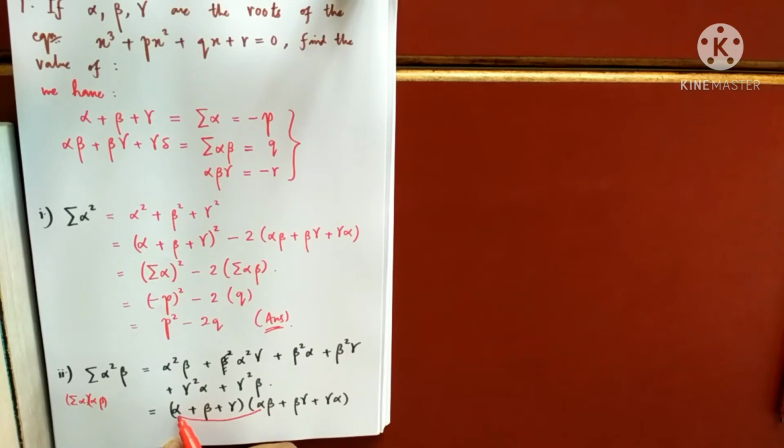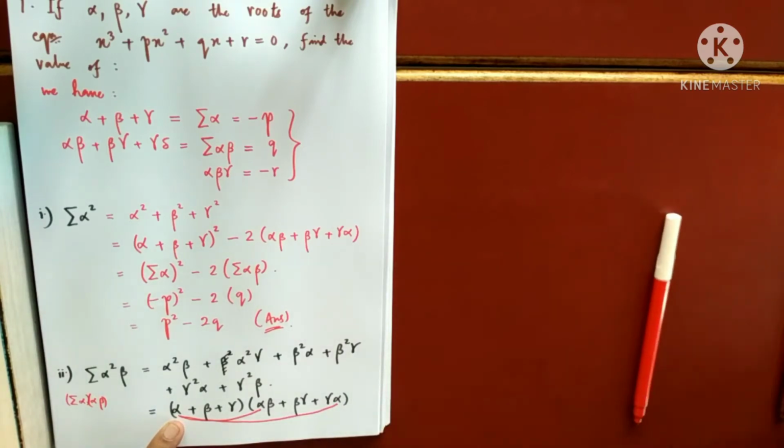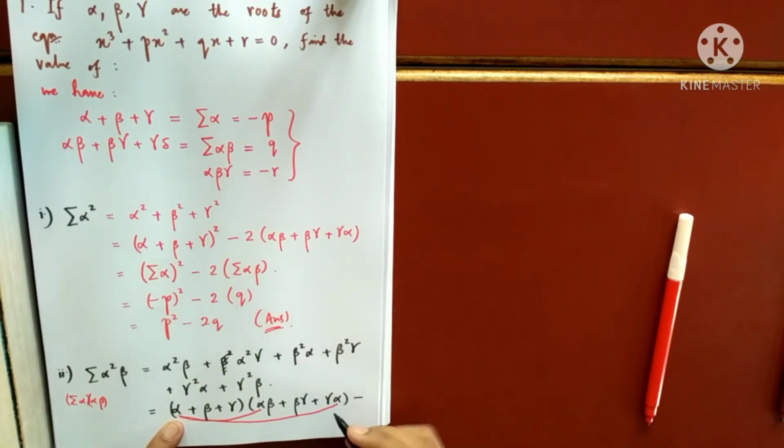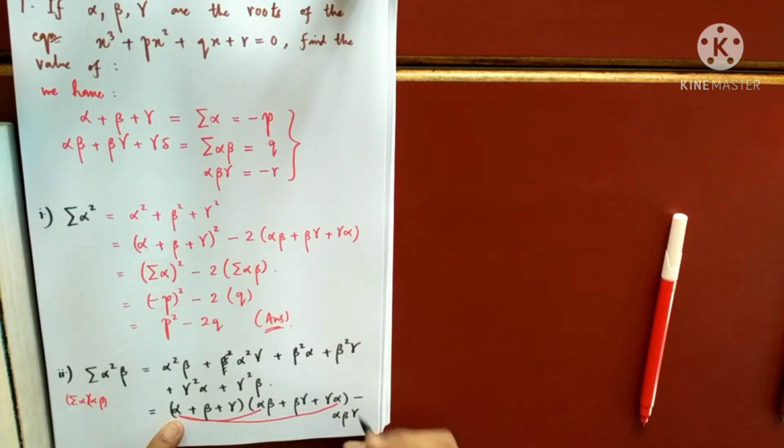Multiplying with the next term is also needed. But with the last term, I am getting an extra alpha beta gamma. I have to subtract it. So minus alpha beta gamma, because this term is extra when I multiply alpha with beta gamma.